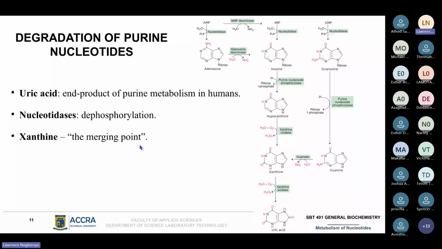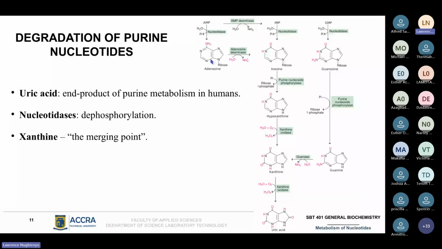Now, when you take the two purine nucleotides that we saw, first adenosine monophosphate, and then guanosine monophosphate. Each of them, the very first reaction which occurs in terms of their breakdown is the removal of the phosphate group from them.